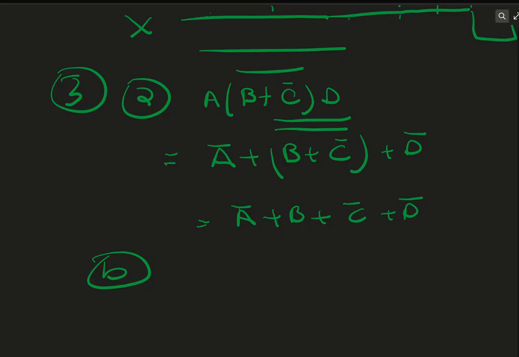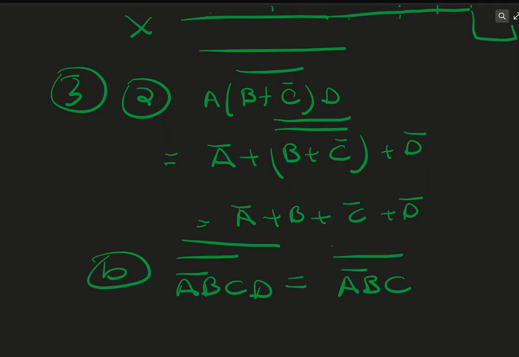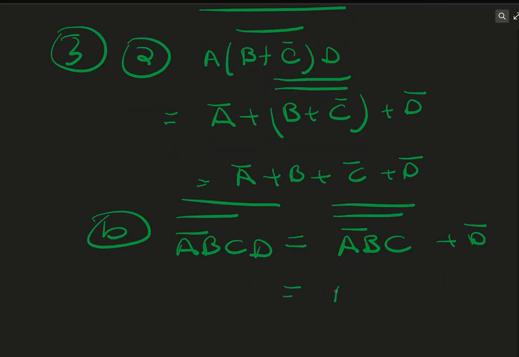Now we have A, B, C, D. First of all, since there are two double bars over ABC, we try to separate them: A, B, C, D. A, B, C, this, and this is D prime, and then we are going to have A, B bar into C plus D prime.